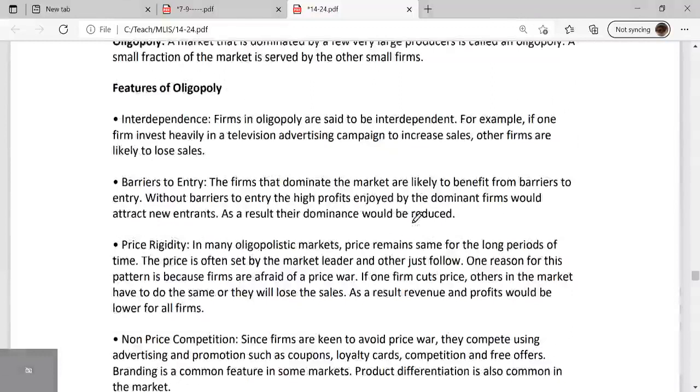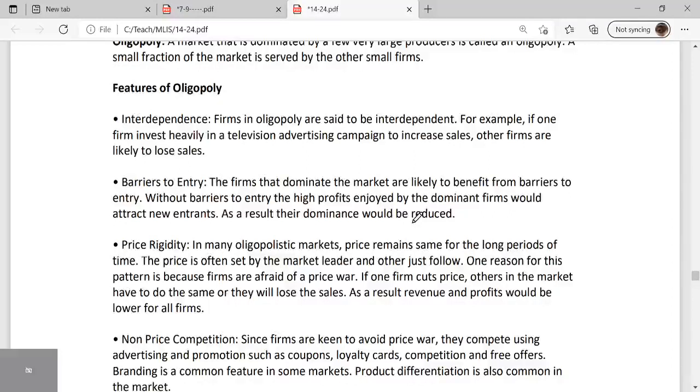Because there are few firms, they have to compete with each other, and if one firm changes the price, then other firms also have to change the price, because otherwise they'll be affected. If one firm reduces the price, all the customers may shift to that firm. So the other firms will also have to reduce the price to retain the customers. So they are very interdependent with each other.